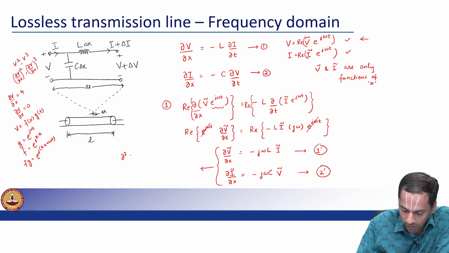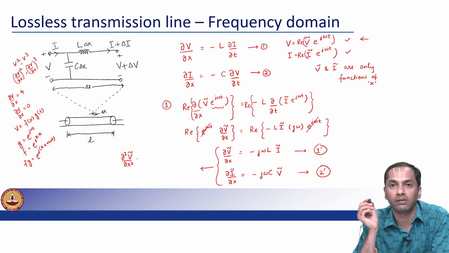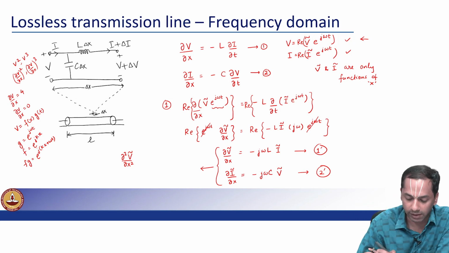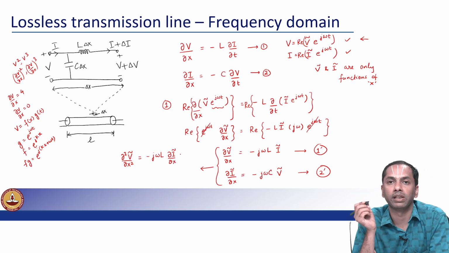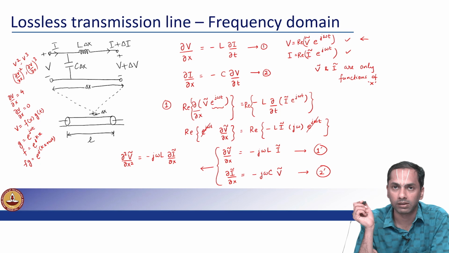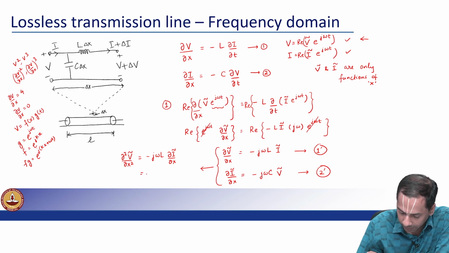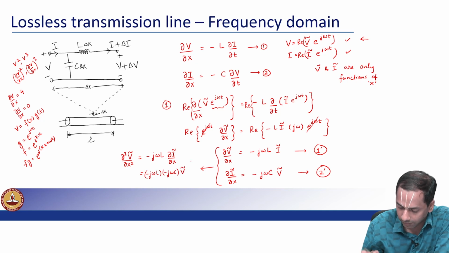So, I am going to take the second derivative, right. So, take equation 1 prime, and differentiate it with respect to x, right, so that I get, and this ∂I tilde by ∂x I can substitute from the second telegraph's equation, and I should simply get minus j omega L, minus j omega C, times V tilde.